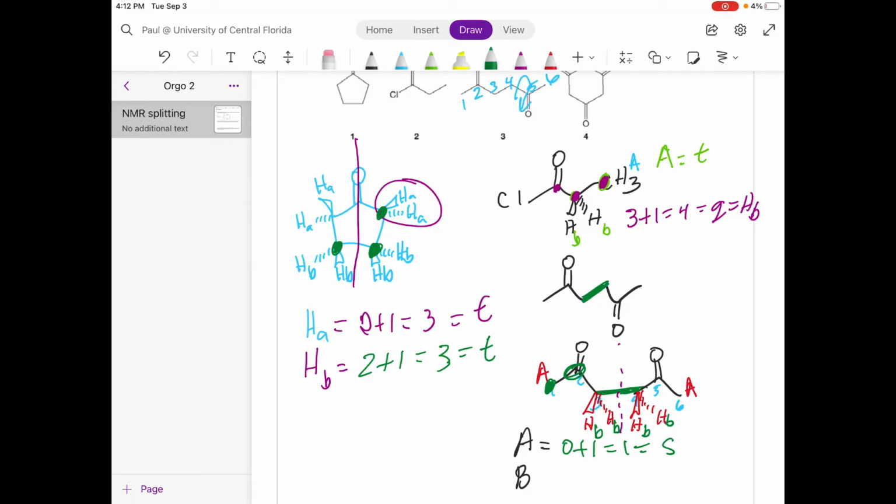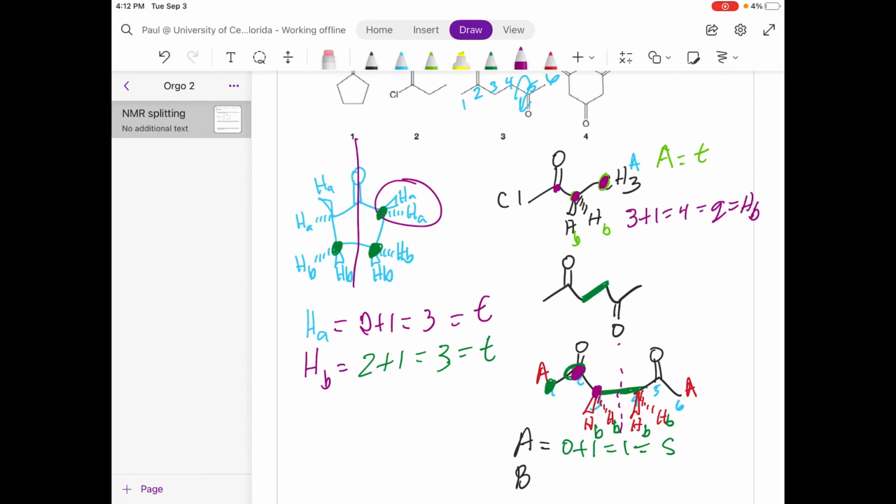Now, let's see here. Now, HB, okay, there's the proton. What's the adjacent carbon? It's not this one. Why? Because those are equivalent. The adjacent is right there.